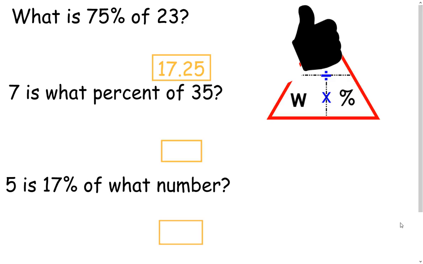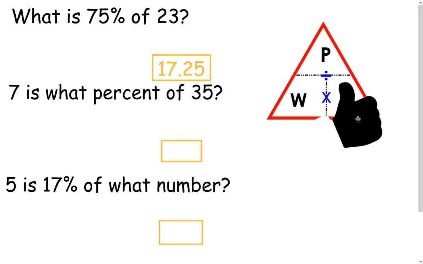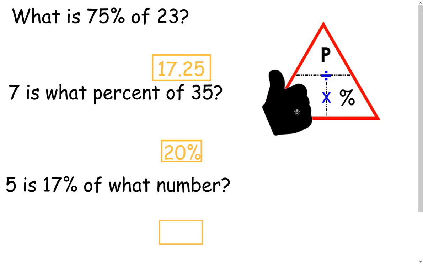So 7 is what percent of 35? Pause for a second if you want. So I'm going to cover up the percent, and the answer is 20%. 5 is 17% of what number? Pause for a second if you want to figure it out for yourself, and start when you're ready. I'm going to cover up the whole, so we're going to be dividing there, and the answer is 29.4.